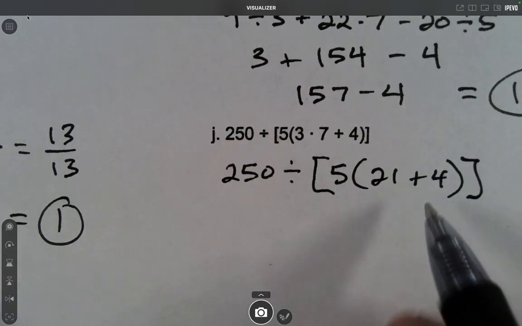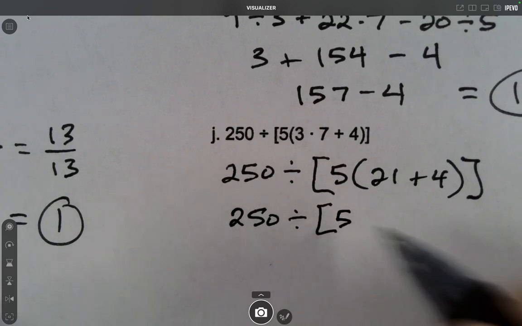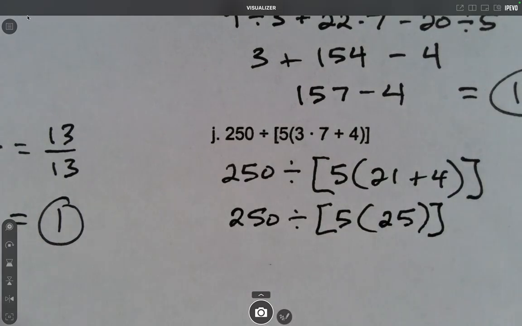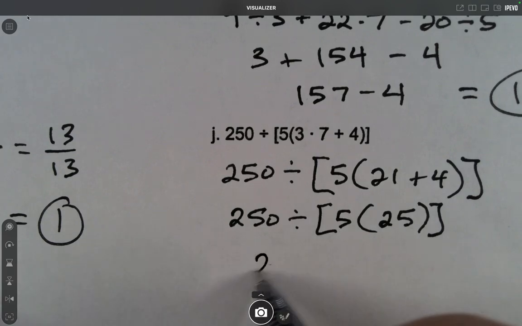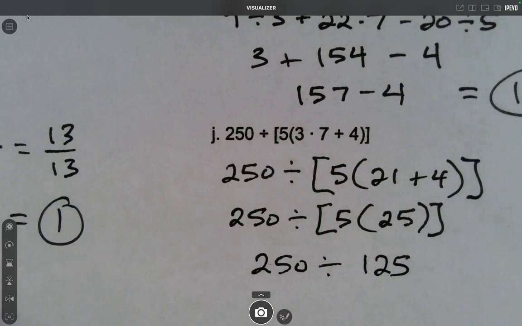Still have more to do inside that parenthesis. So we do 21 plus 4, which is 25. And then we really have completed everything inside this rounded parenthesis because there's no more operation there, it's just a number. So now we look at the bracket and we say 5 times 25, which is 125.